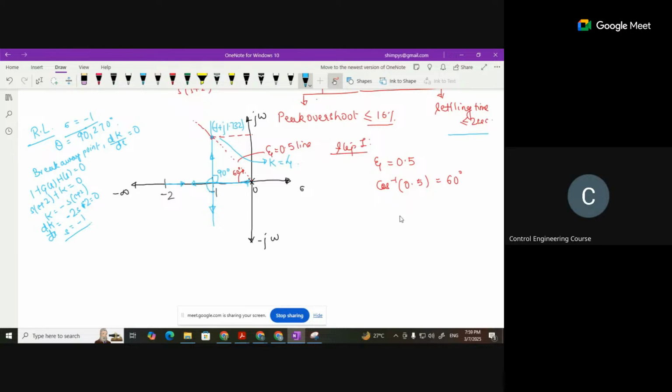If I write down this omega d as 2 into tan of 60 degrees, how much will it come out to be? Root 3, right? 3.46 approximately, right? So can you calculate omega n from here?